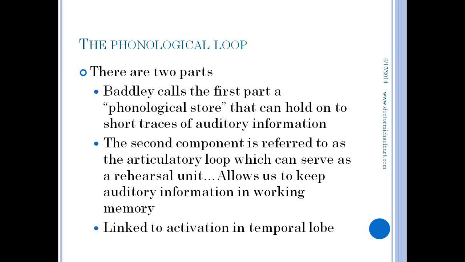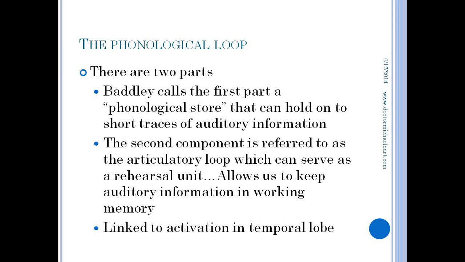So the idea in working memory is that you have these short traces of, in this case, auditory information that you hold on to, you hold on to, you hold on to, and then it very quickly dissipates and floats away.